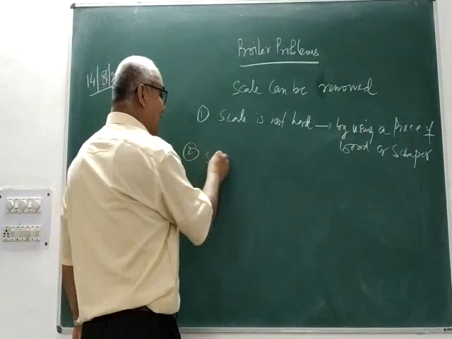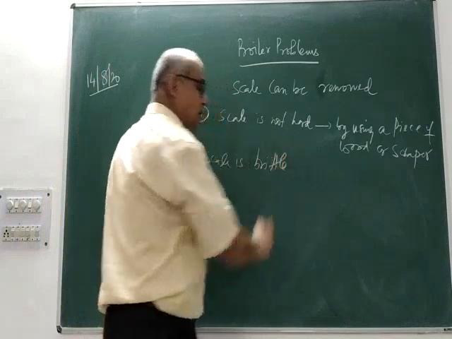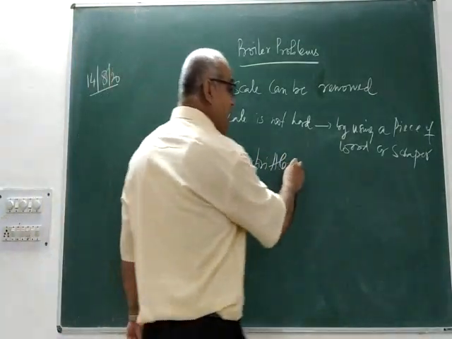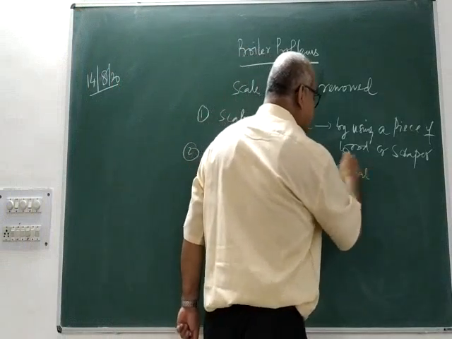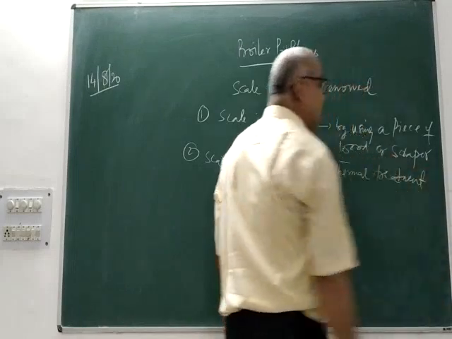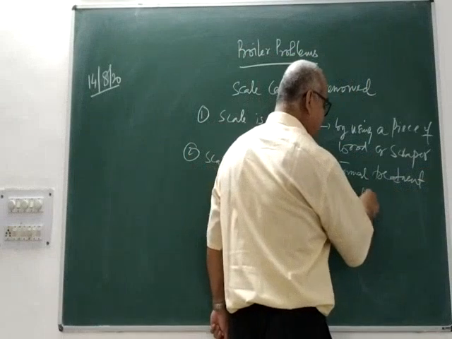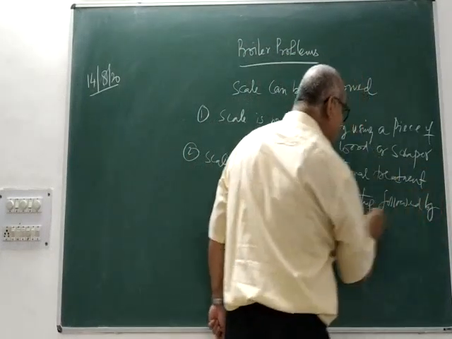Now, if the scale is brittle in nature, brittle, you understand brittle, which breaks down immediately, then it can be removed by thermal treatment. Then what is thermal treatment? It is actually heating followed by sudden cooling.